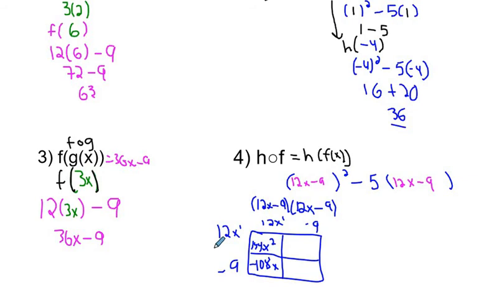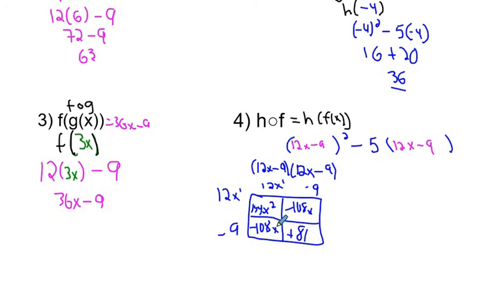Luckily, when you square things, there are duplicates. So 12x times negative 9 is again negative 108 with the x. Okay, and then the last thing we have is negative 9 times negative 9, which is positive 81. And it does help to just put that positive in there because you're going to need it in the answer anyway. Again, as mentioned before, the like terms, if both of them are put in standard form, are on the diagonal.